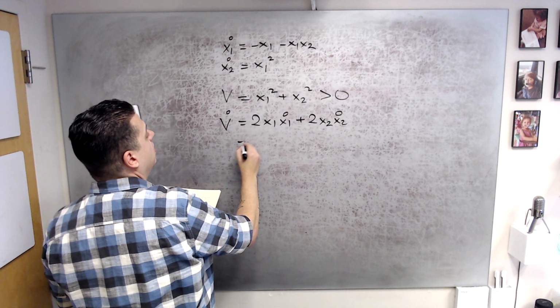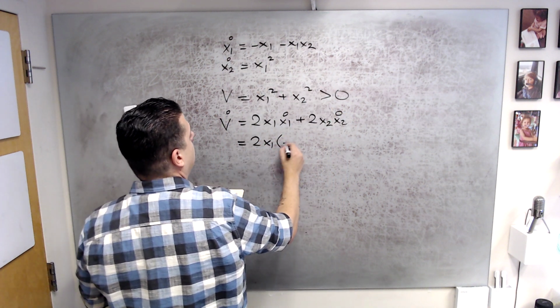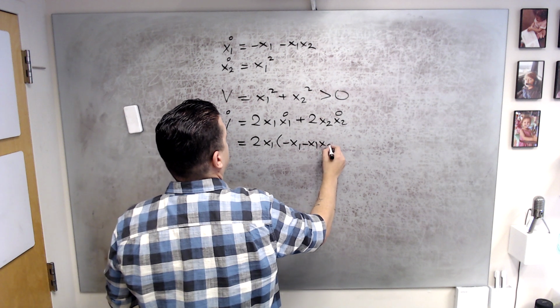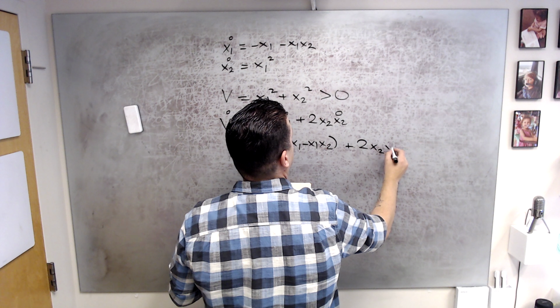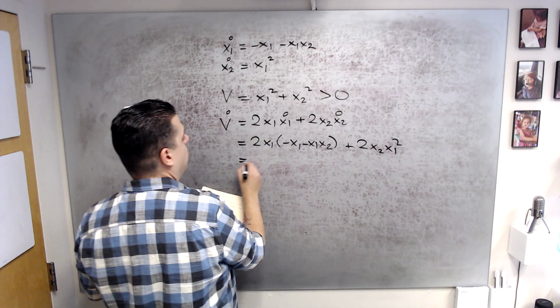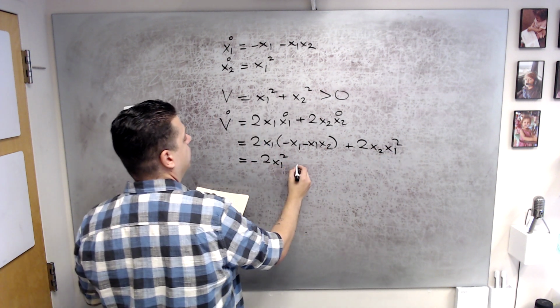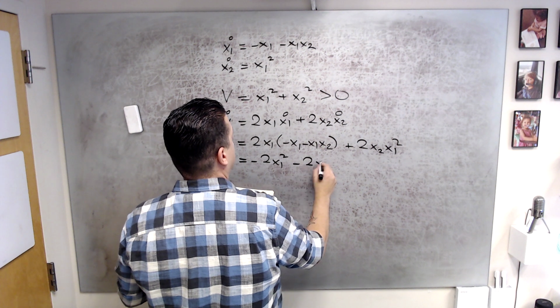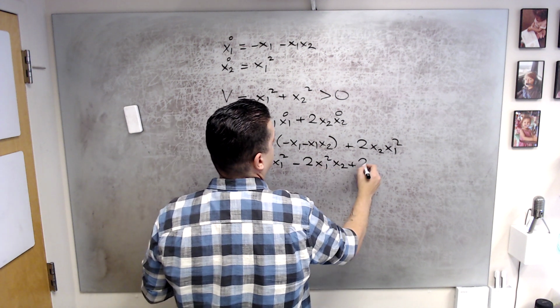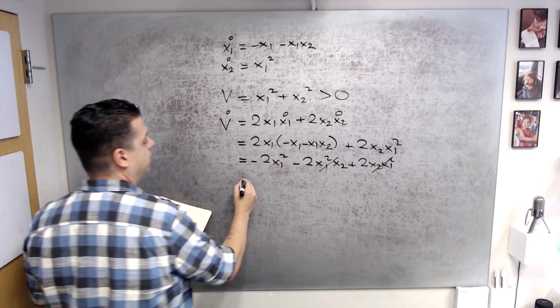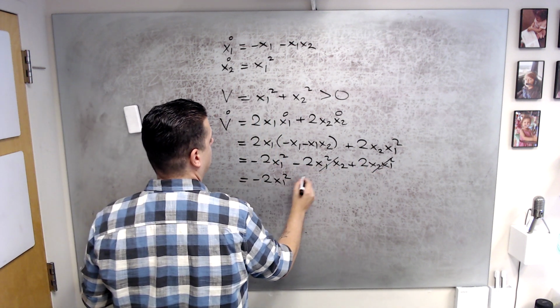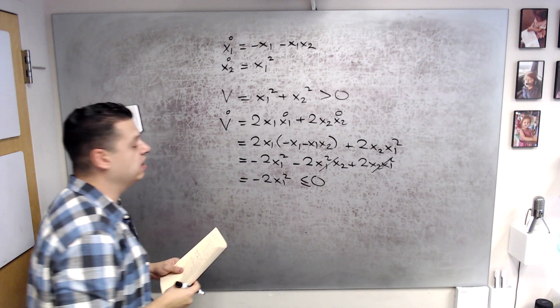Inserting them here, we have 2x1 times minus x1 minus x1 x2 plus 2x2 x1 to the power of 2, which is minus 2x1 to the power of 2 minus 2x1 to the power of 2 x2 plus 2x2 x1 to the power of 2. They nicely cancel out each other. You have minus 2x1 to the power of 2, and you don't have the other term.